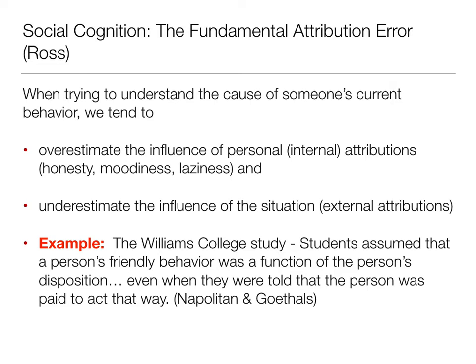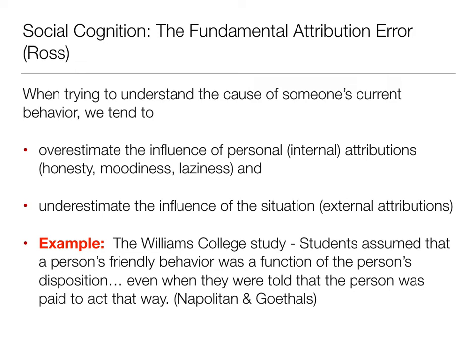And they even believed that after they were told that this person was paid to act that way. So even after they said, okay, yeah, but we actually gave them this external situational thing that changed their behavior, the research participants were like, oh, no.